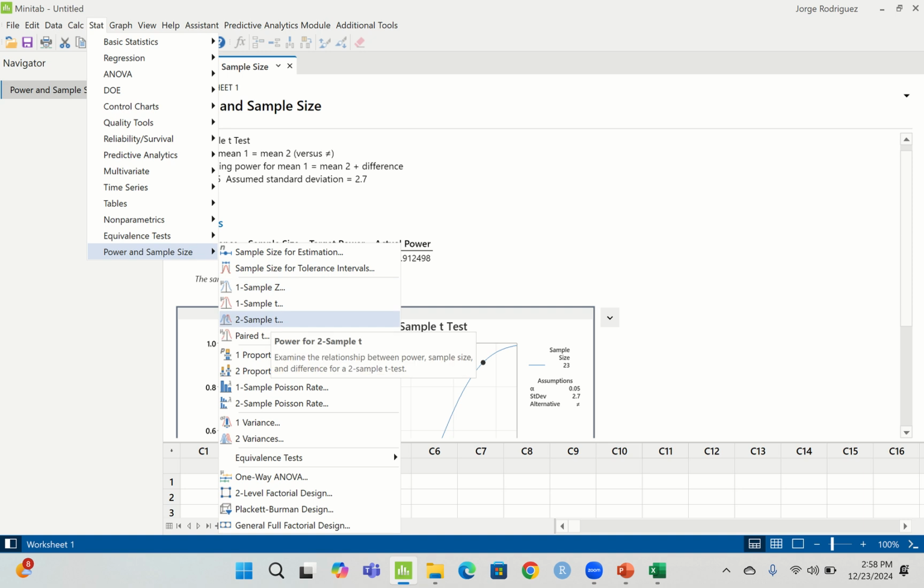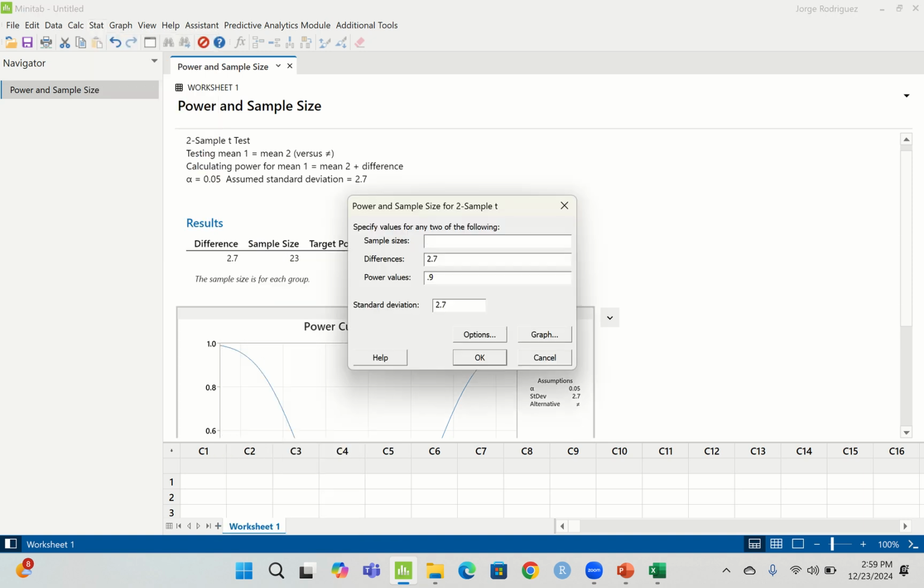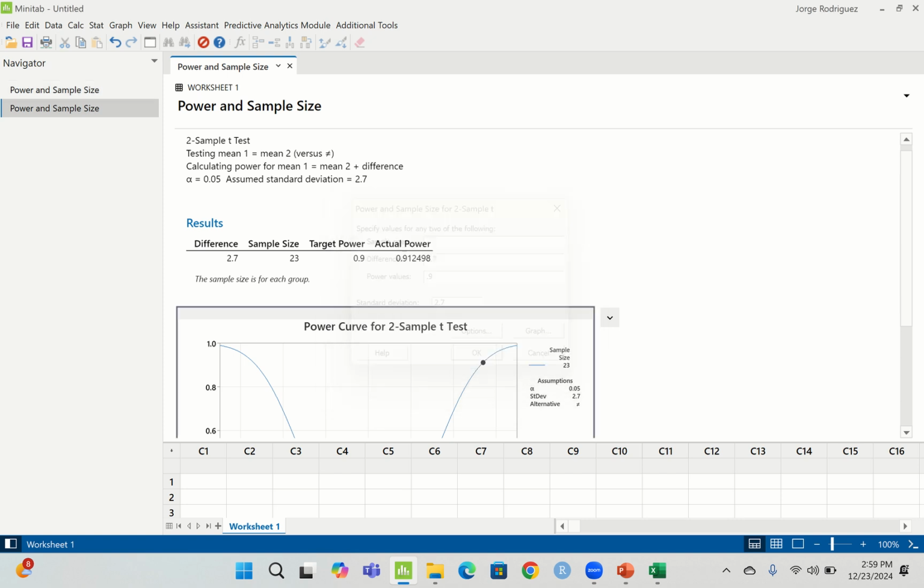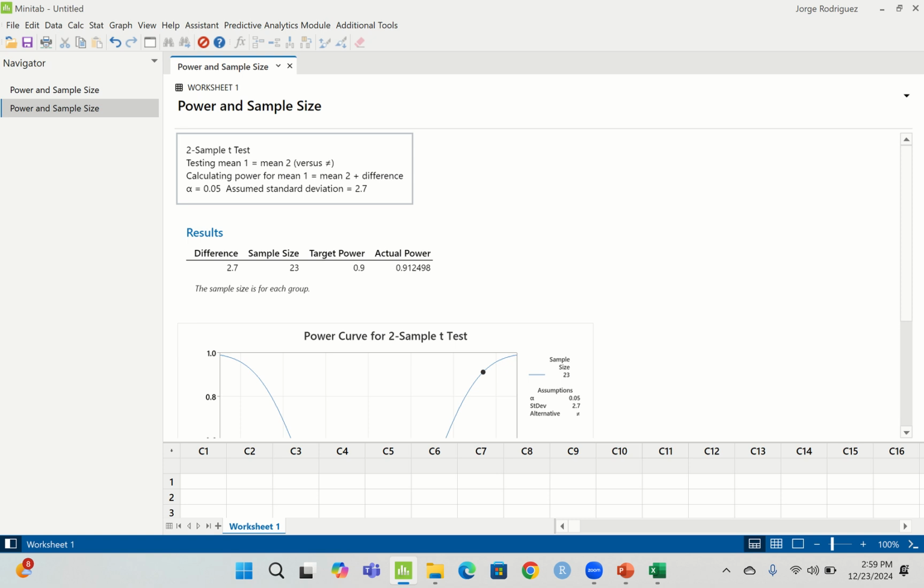You will come here to the 2-Sample t, click, and I have already set up these values. So I'm going to leave this blank, and the difference I'm going to put 2.7 right here. My power is going to be 0.9, and my standard deviation again is 2.7. And once I hit OK, it calculates my recommended sample size.